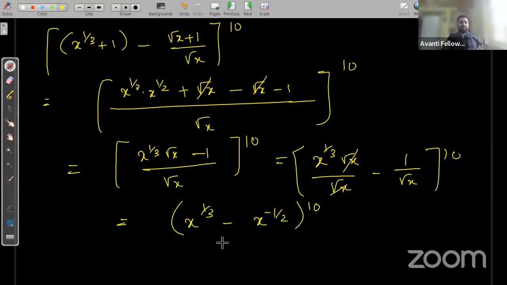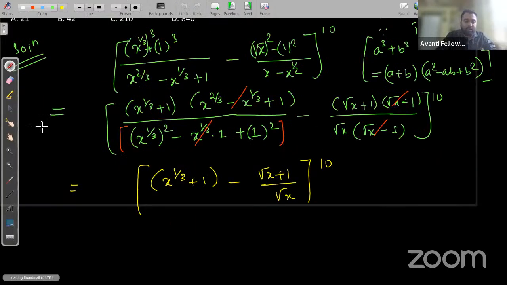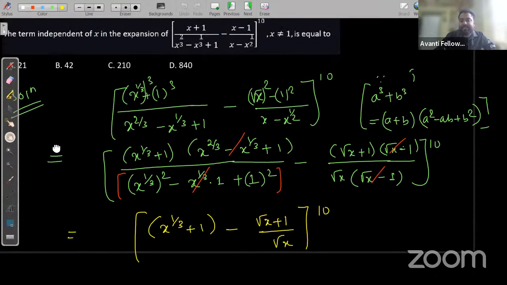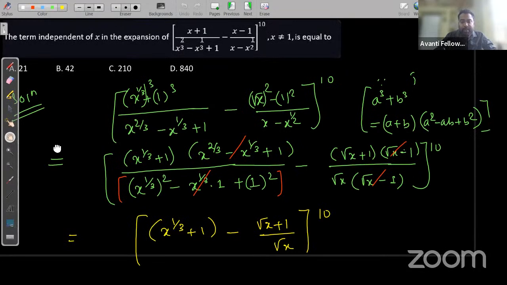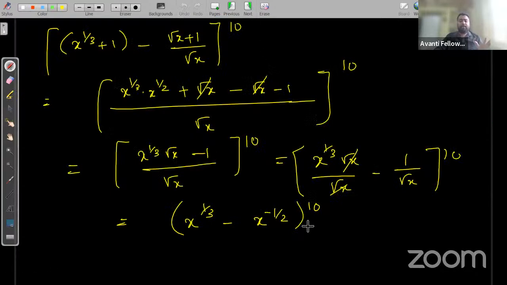Now we have simplified the complex expression into a simple binomial expansion. Yes or no? So the given binomial expansion looked like a very complex expression, but we have simplified it to a very simple binomial expansion.